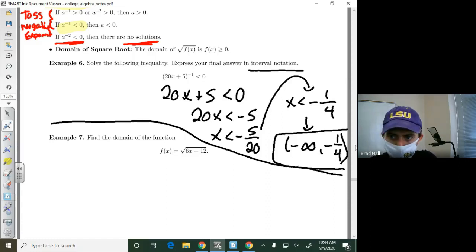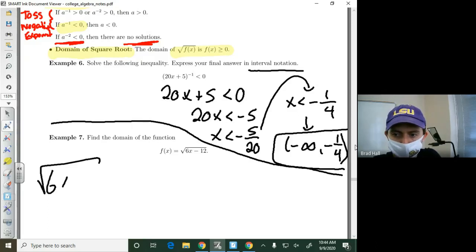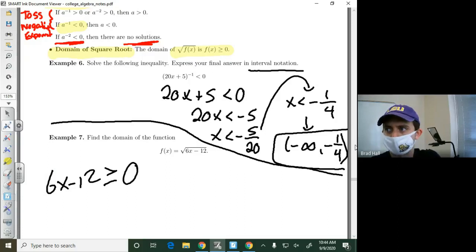We have one more problem we need to knock out right fast, and it's the domain of a square root. If you have a square root problem that you're trying to find the domain of, you can get rid of the square roots, provided you set all of that greater than or equal to 0, no matter what.